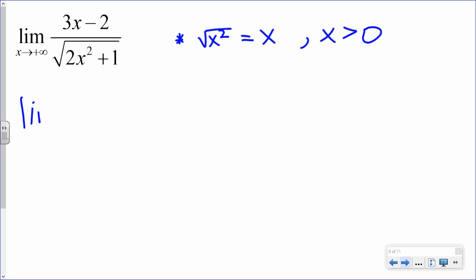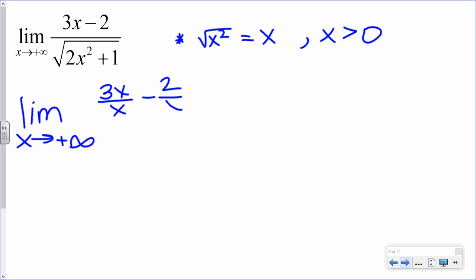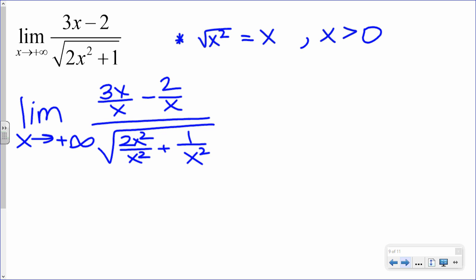So what we're going to do is divide every term by x. 3x over x, 2 over x. Now, under the radical, x is the same thing as x squared. So when we divide by x, under the radical, it's going to look like x squared.